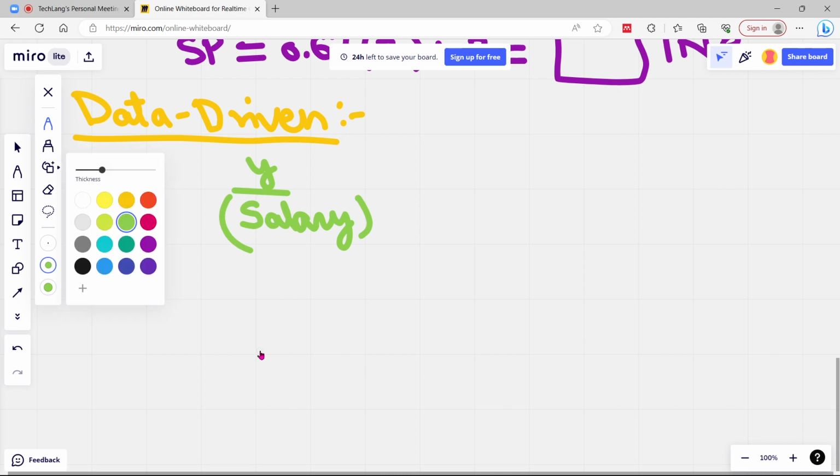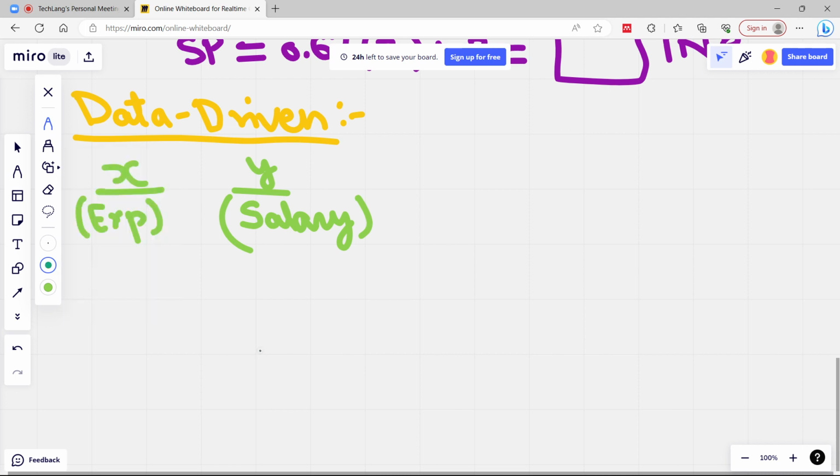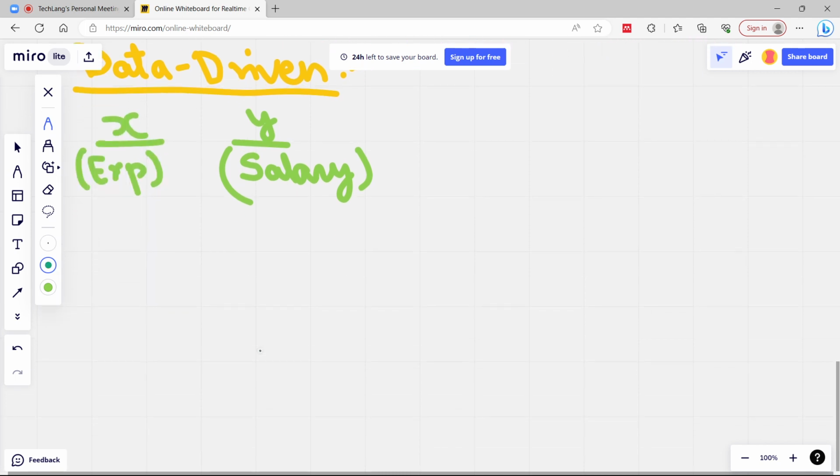So I have a previous data set in my hand. So what I'll do, I have the experience values 3, 5, 7, 8, 9 and let's say 2, right? A random data set again.